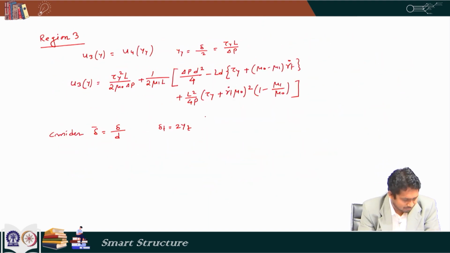And then again we can further non-dimensionalize delta t as delta t bar equal to delta t by d.